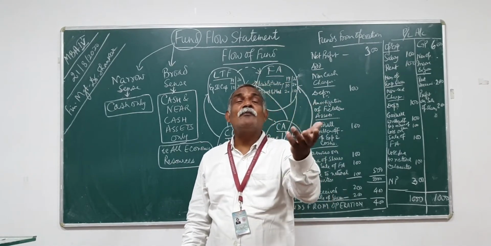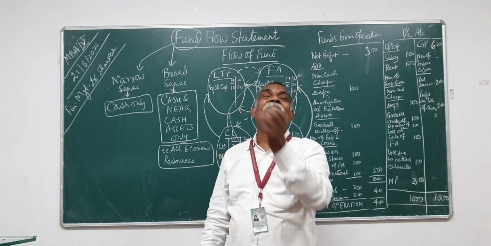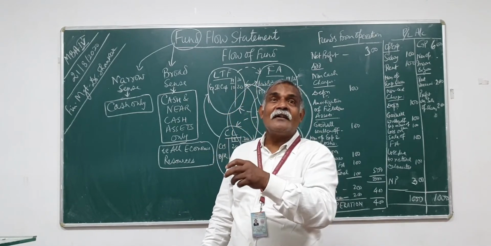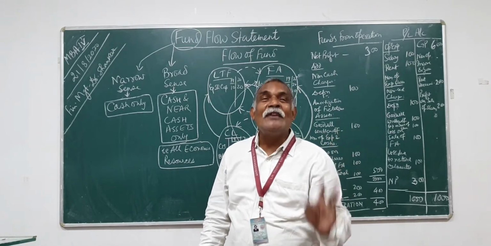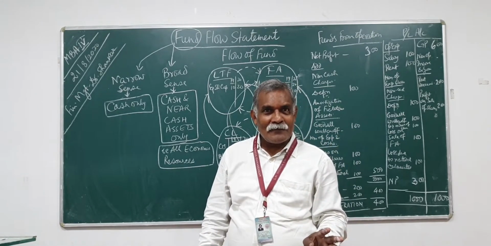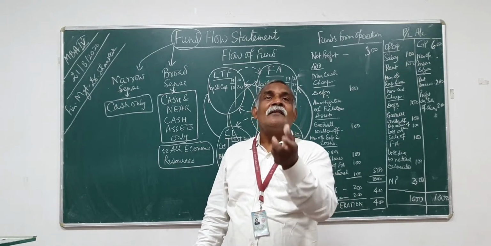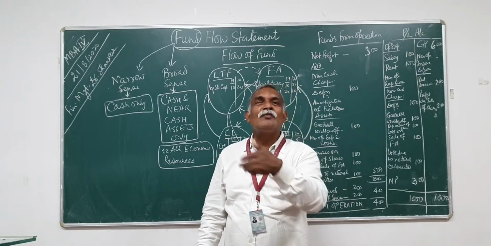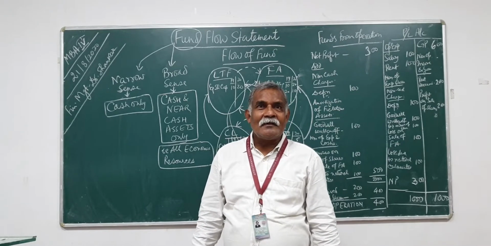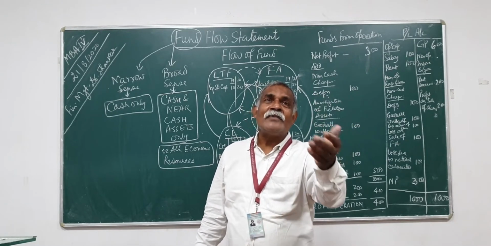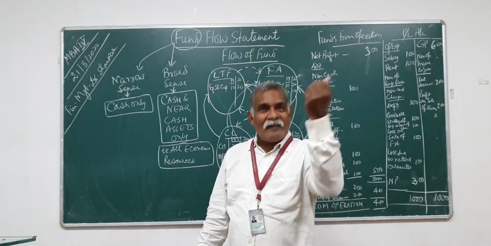Because maybe after 2 months we want to sell some of our assets, which are in depleted condition, which are suppose obsolete in nature. Or maybe the assets which are now of no use, which we want to sell. It means after a certain period of time, the fixed assets which we want to sell will get cash.